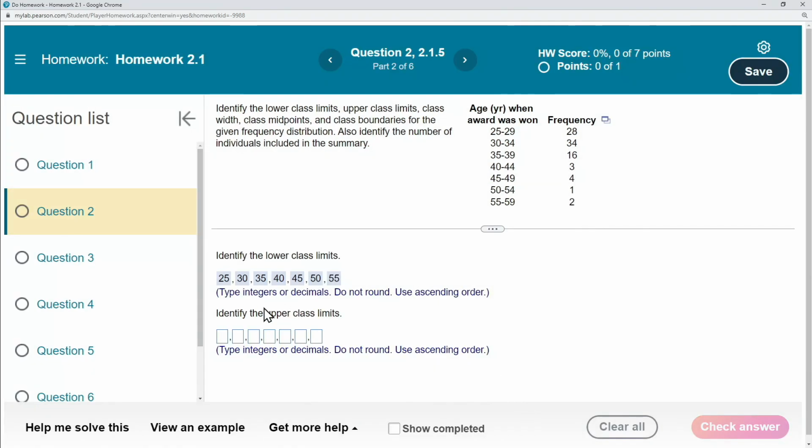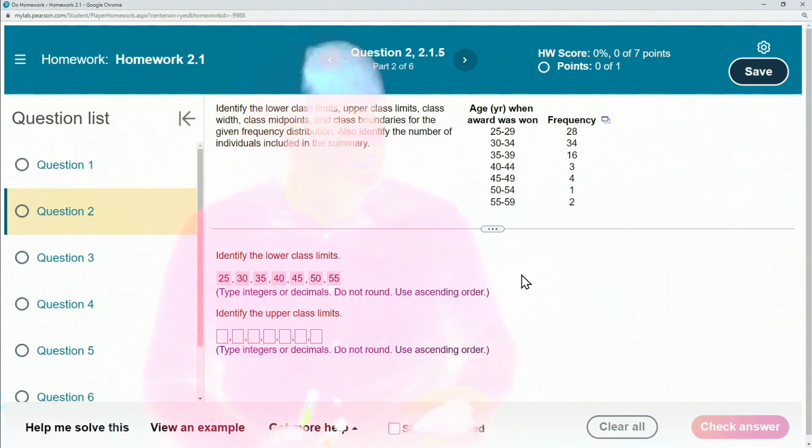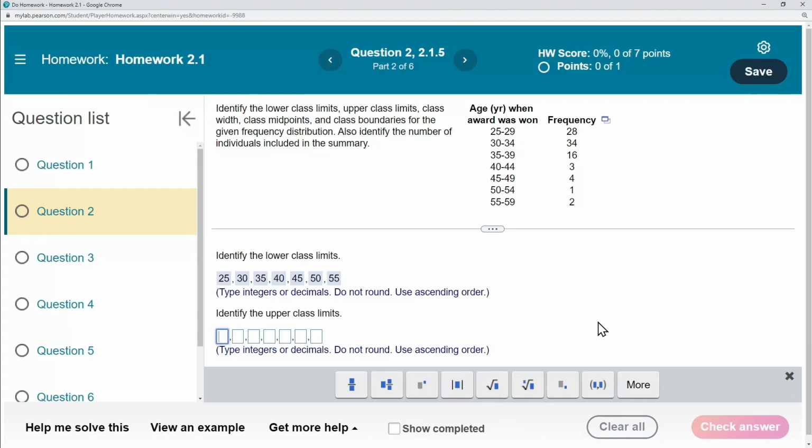Okay, next part, identify the upper class limits. So remember that the upper class limits are the numbers on the right here. Each number on the right represents an upper class limit, and they've already been made in this table. So we literally just need to type in all the numbers on the right in increasing order. Okay, so let's do that.